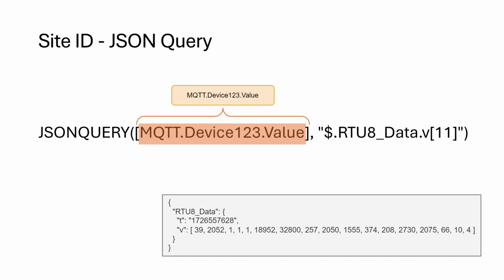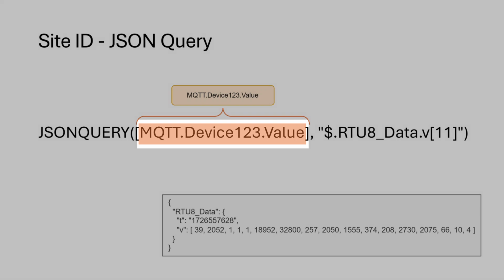When dealing with JSON, we will primarily use the JSON query function, which allows you to use JPath syntax to query the data structure. You should be able to find plenty of resources online on how to use this syntax. The first argument of the JSON query function is the tag value.